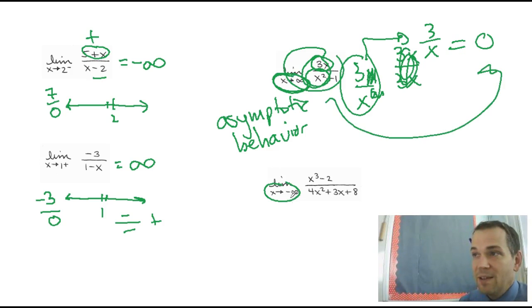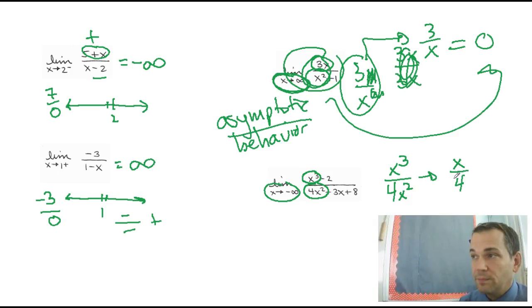On the other hand, if I have x go to negative infinity, it's still asymptotic behavior. This is all that really matters, and this is all that really matters. So we'll look at these lead terms as a single expression. This will simplify to x over 4.